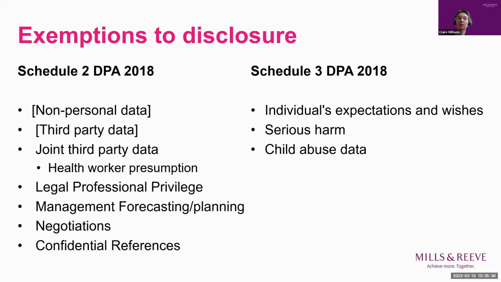So moving on to the exemptions to disclosure. A DSAR may require the disclosure of significant volumes of data, and that content, as we say, can either be supplied by providing original documents with irrelevant and exempt material redacted out, or by extracting relevant personal data into a new document and providing that.